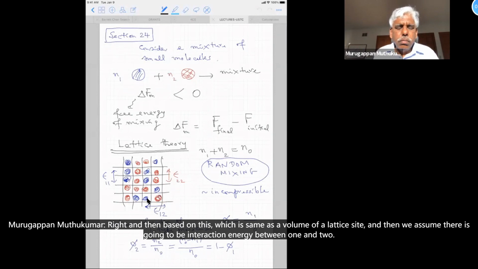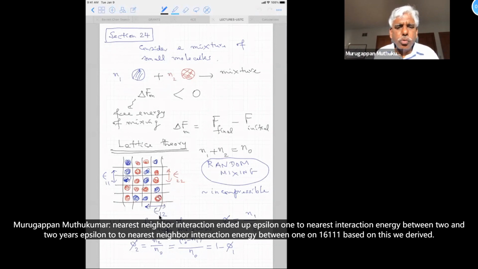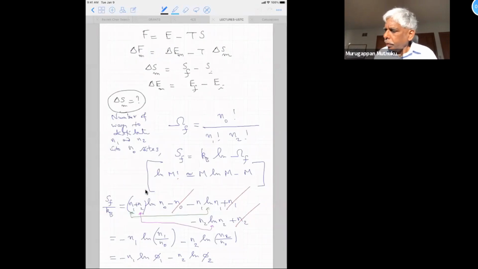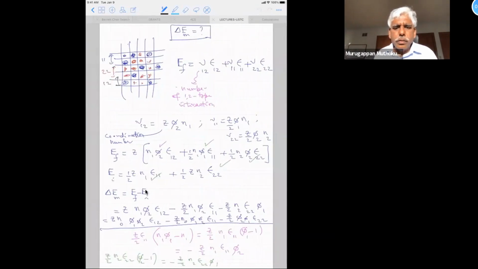Then we assumed there is going to be a nearest neighbor interaction energy between 1 and 2 of epsilon 1,2, between 2 and 2 of epsilon 2,2, and between 1 and 1 of epsilon 1,1. Based on this, we derived the following expression.